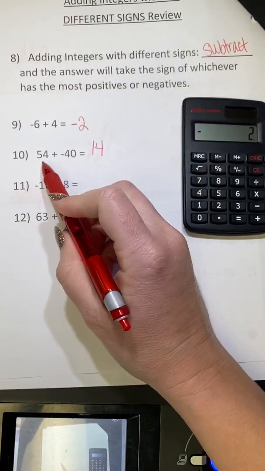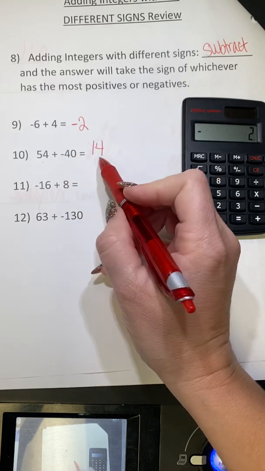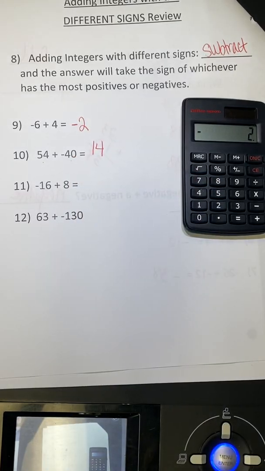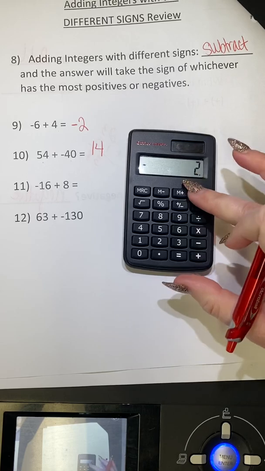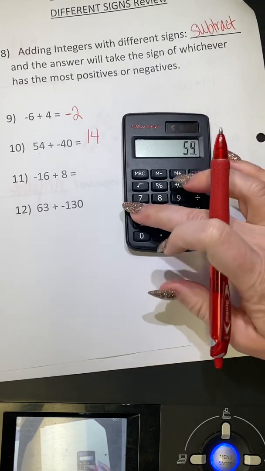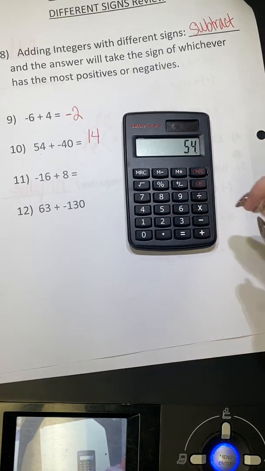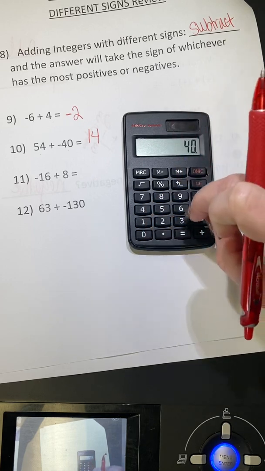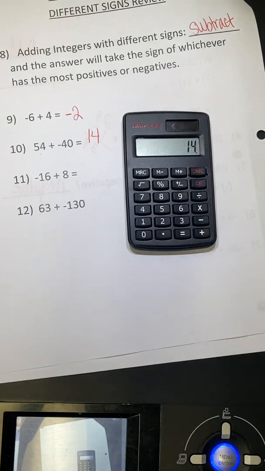There are more positives than negatives, so therefore our answer would be positive 10. We're going to check it. 50 plus 40 negative equals positive 10.